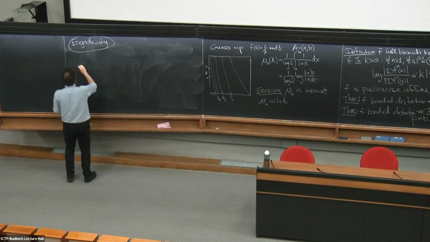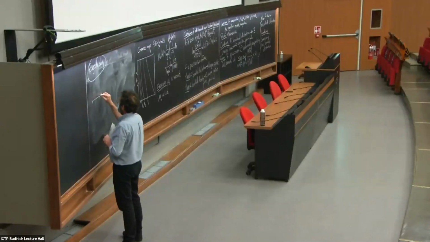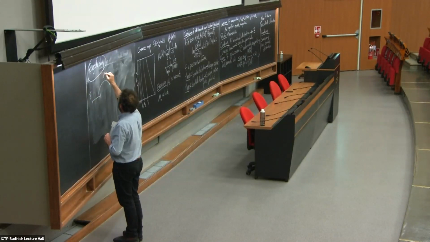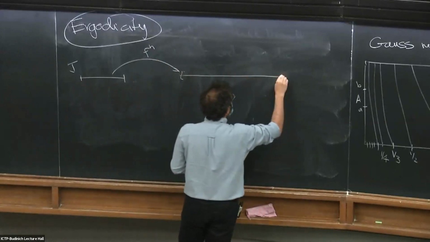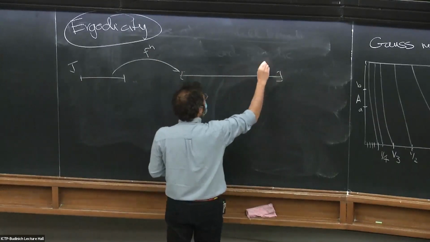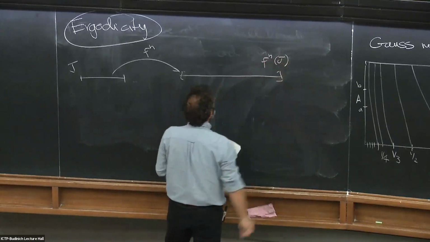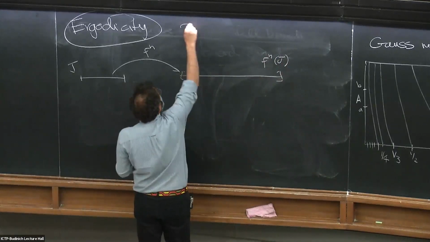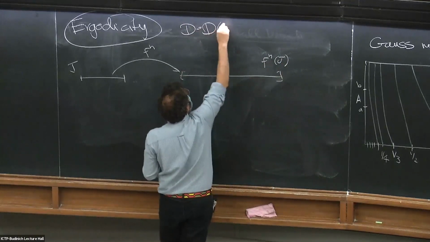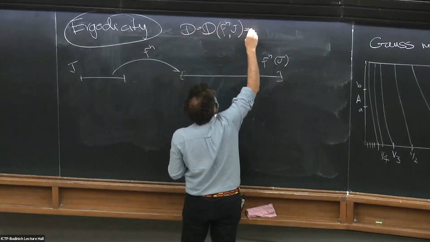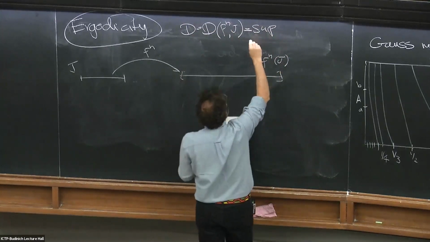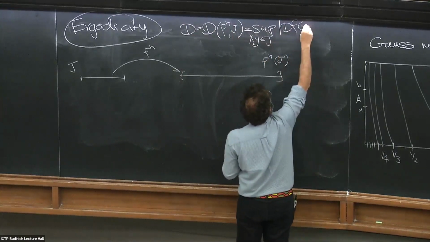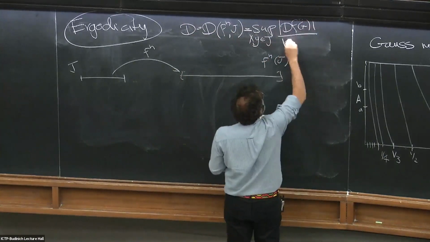So let's suppose we have an interval J here, and we have F^n, and here we have F^n of J. Let me write D equal to the distortion of F^n on J, which is just equal to the supremum for all x, y in J of DF^n(x) over DF^n(y).